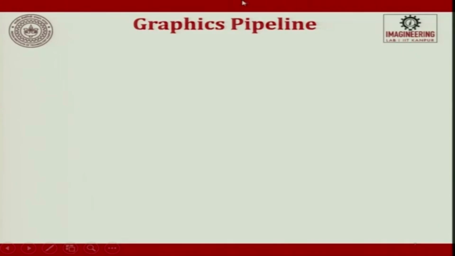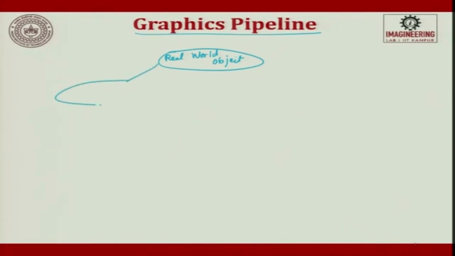So, when we talk about the graphic pipeline, it happens like this. First, you have a real world object, which leads towards modeling and transformation.